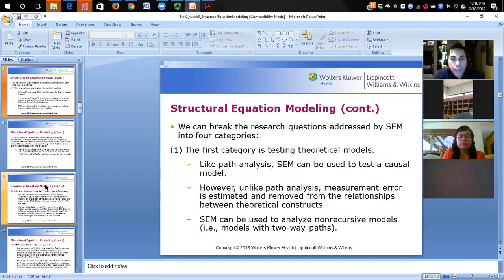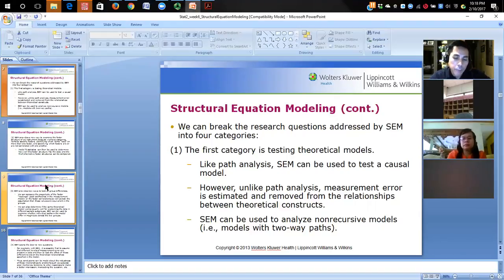However, unlike path analysis, measurement error in structural equation modeling is estimated and removed from the relationships between theoretical constructs. So hold on to this important thought. And then the last of the first category is that structural equation modeling can be used to analyze non-recursive models, which means models with two-way paths.